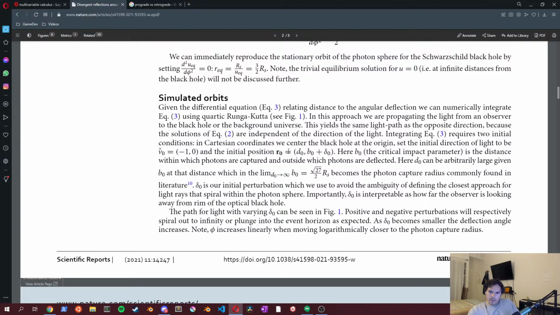And the light has some initial position here, which is basically the important thing, this impact parameter, which I guess they're saying is that 3/2. No. Oh yeah, no, it is.